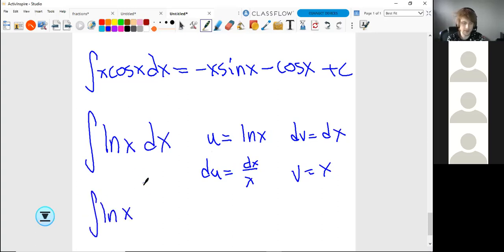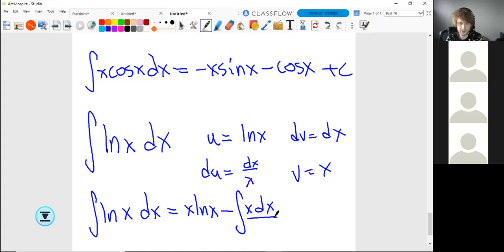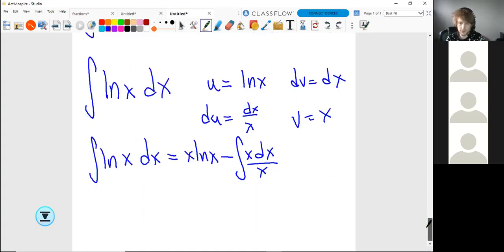Yep. So this is equal to x ln x minus the integral of, yep, minus x. So plus c equals x ln x minus x plus c. That's pretty neat.